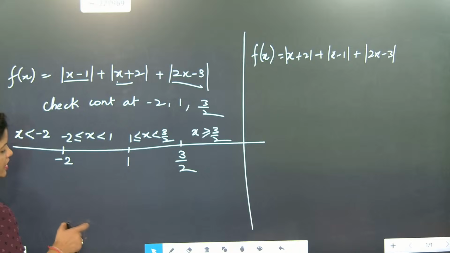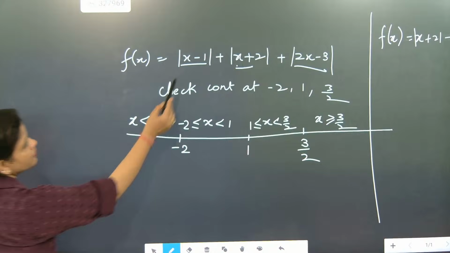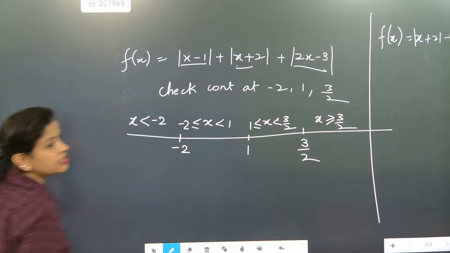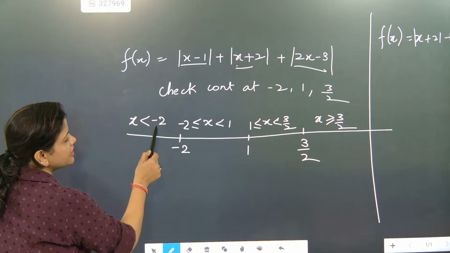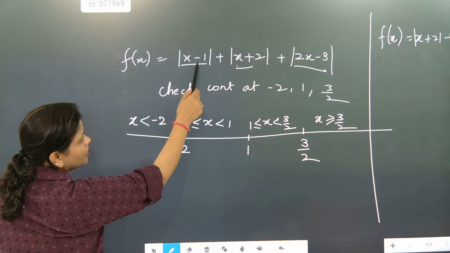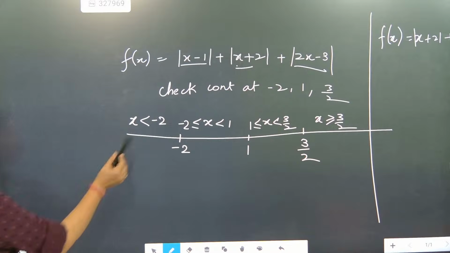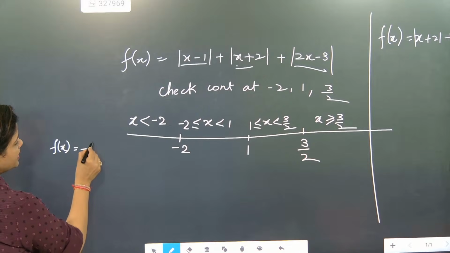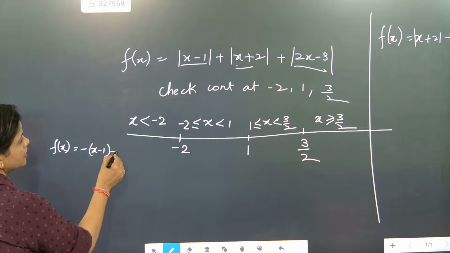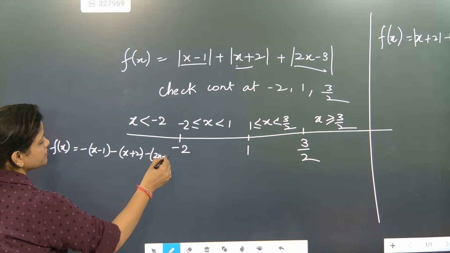So here, for x less than minus 2, this one, this one, this one, all three will open with negative, because any value lesser than minus 2 you take, each will become negative. So f of x will become minus x minus 1 minus x plus 2 minus 2x minus 3.